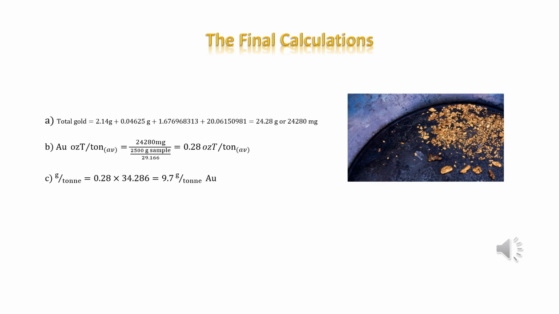Now you may want to figure out what that is per gram in metric tons. Well, to work out the grams, you just simply take your 0.28 and times that by the magic number of 34.286, and what you end up with is 9.7 grams per ton gold.